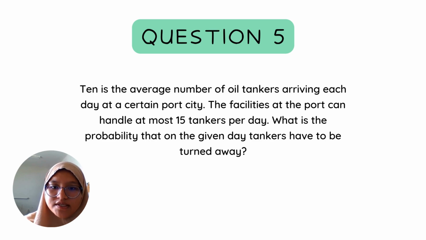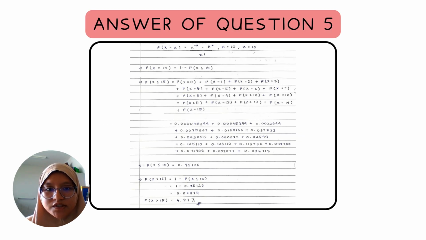Question 5. 10 is the average number of oil tankers arriving each day at a certain port city. The facilities at the port can handle at most 15 tankers per day. What is the probability that on a given day tankers have to be turned away? So question 5 is a tricky question, where we need to determine the probability of at most 15 oil tankers, and also the probability of more than 15, which is 16 and above oil tankers that need to be turned away.